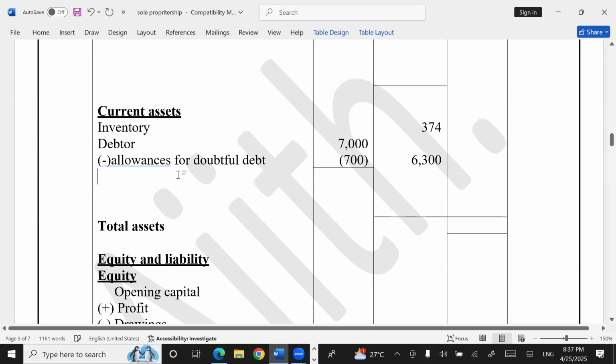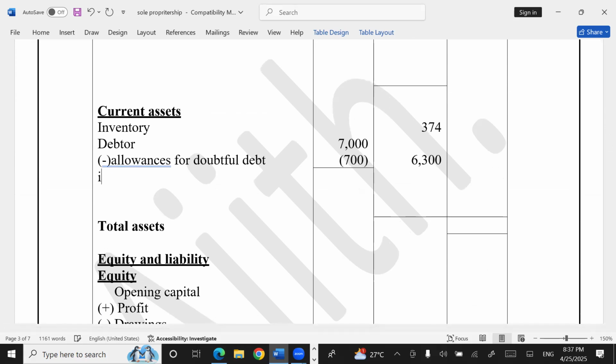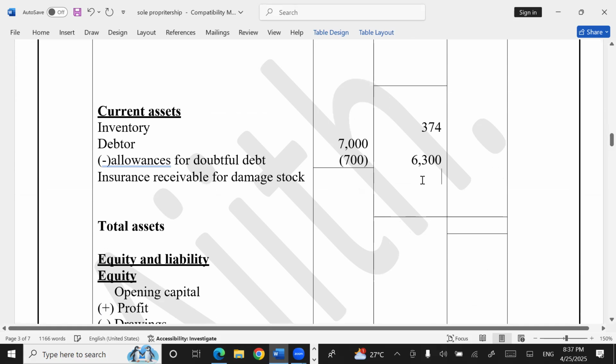Insurance receivable for damaged stock, 200, should be recorded in the second column.